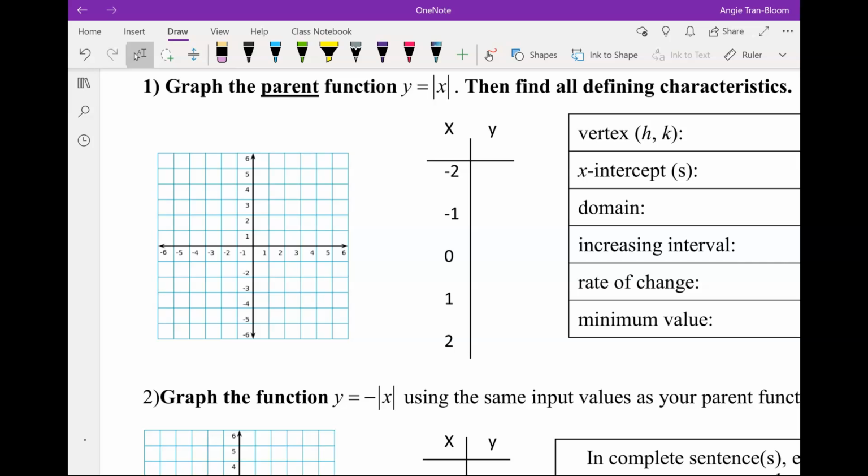So on this table, how many inputs are you given? 5. That means you are to look for how many outputs? Perfect. Find it, and then let me call on you to give me. So in your notes, find the 5 outputs.